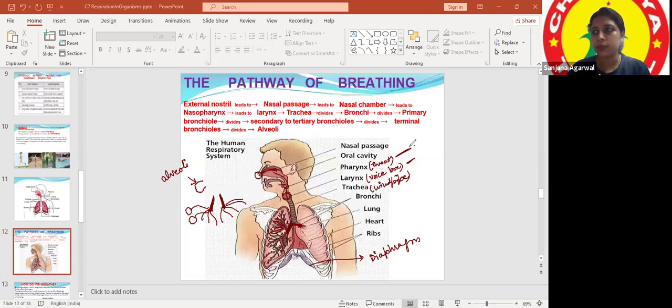Sometimes, if some food item is irritable to the inner layer of the throat, then the air passing through the throat will create a little problem, or you can say dehydration also leads to throat pain.